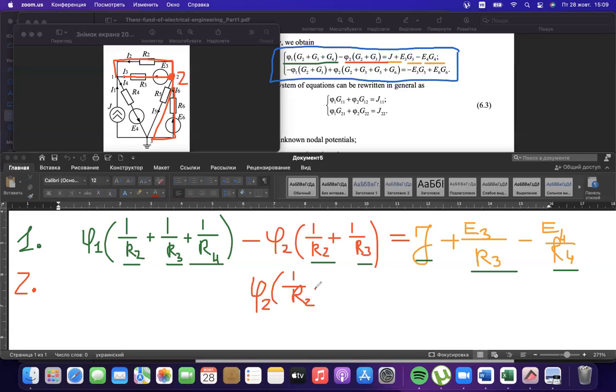It is plus 1 over R2 plus 1 over R3, 1 over R5, and 1 over R6.